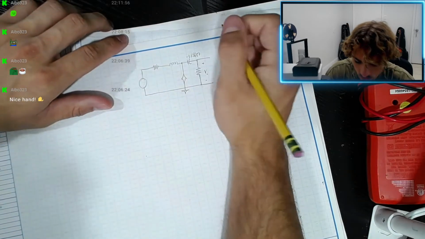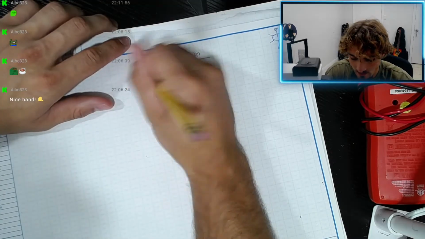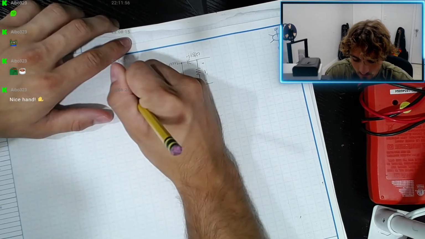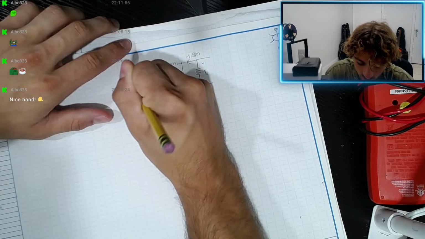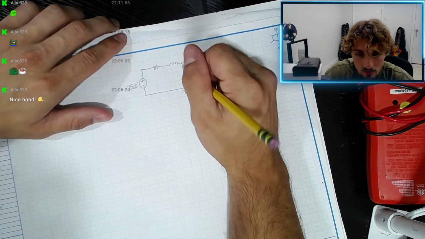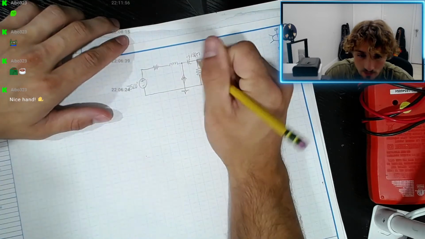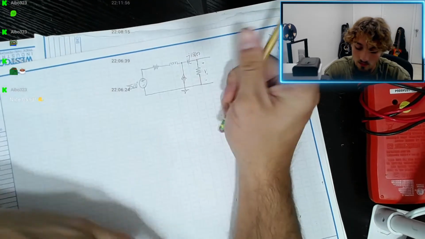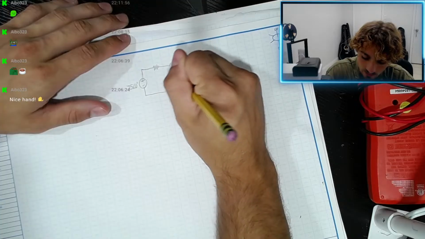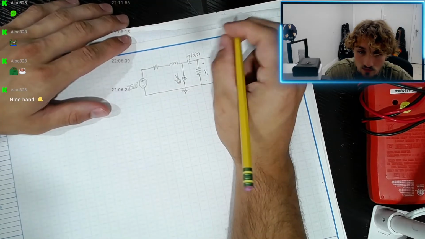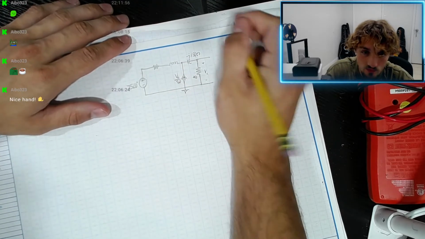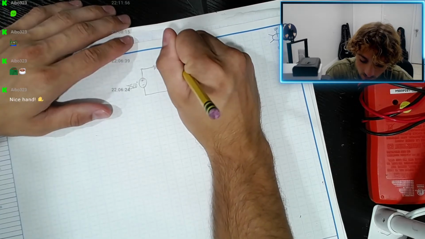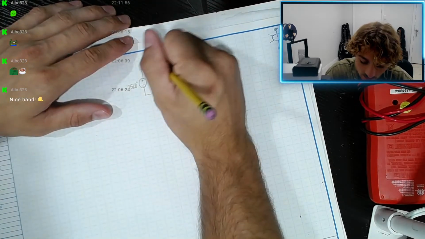That is the goal. So I've discovered two fallacies in my methods, right? I'll explain them once we get there. Let me define this. Current's going in this direction. We got V out divided by 50, and then 40 ohms, J150 ohms, 600 ohms.